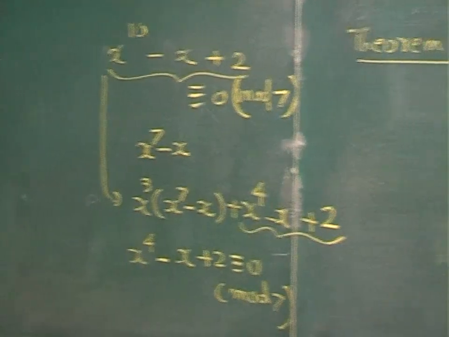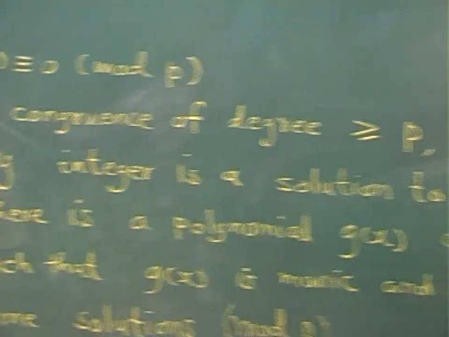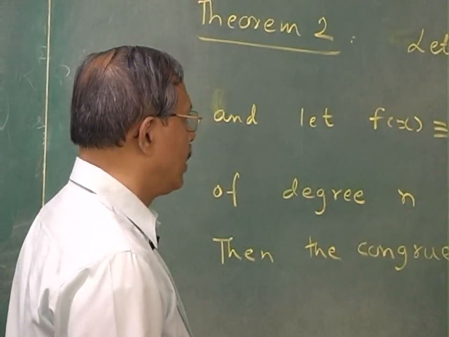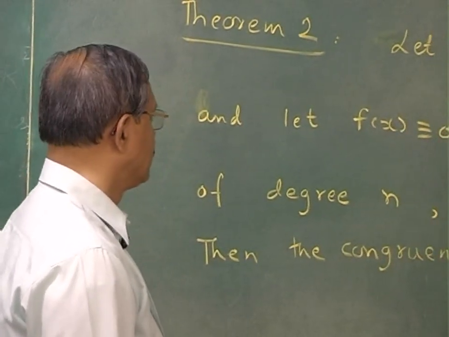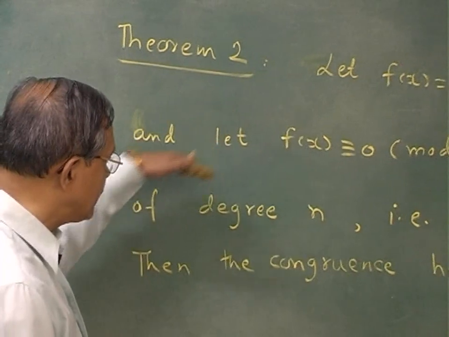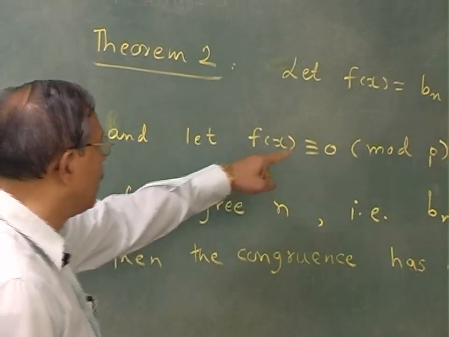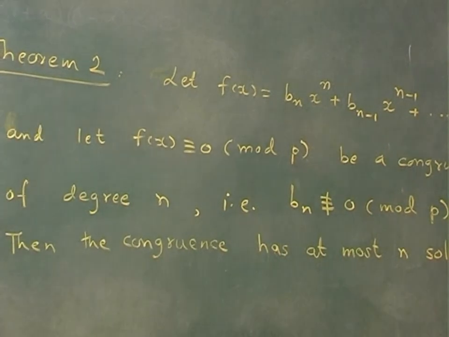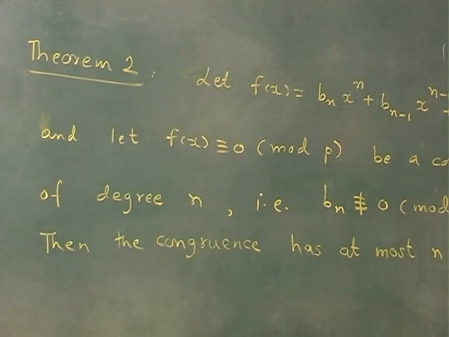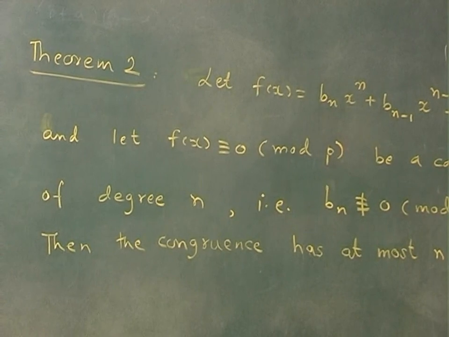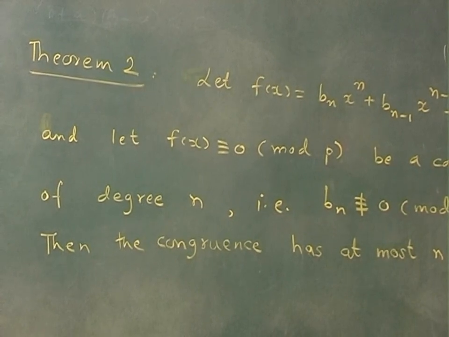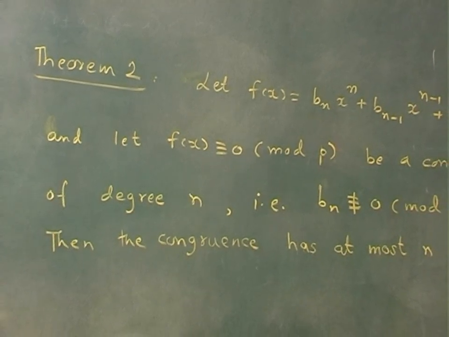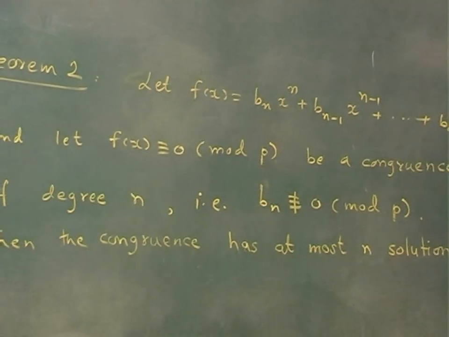Also, if you have a polynomial congruence which has degree n, okay, so f(x) is b_n x raised to n plus etc., and you assume that the degree of the congruence is n, that means b_n is not congruent to 0 mod p, then the congruence has at most n solutions.